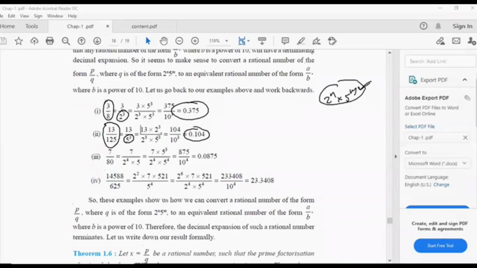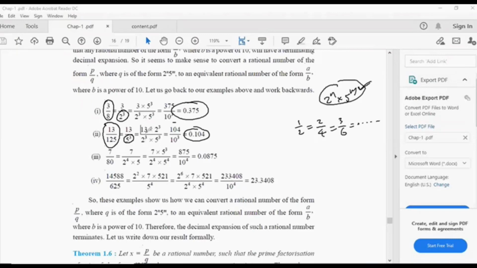How? To get equal fractions, we can multiply the numerator and denominator with the same quantity. We know 1 by 2 is equal to 2 by 4 is equal to 3 by 6, etc. For any rational number, there are infinite number of equal fractions. So we convert the given fraction to another fraction with the denominator a power of 10. Here 5 cube is already there in the denominator, so to get a denominator power of 10, we multiply this denominator by 2 cube.